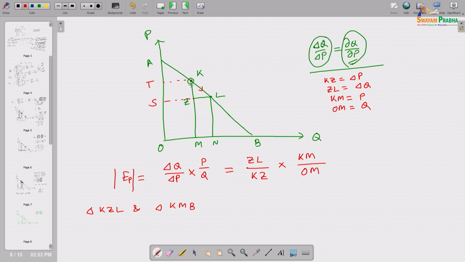So KZL means this small triangle and KMB means this big triangle, right.